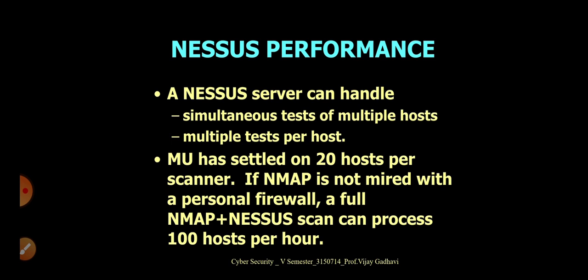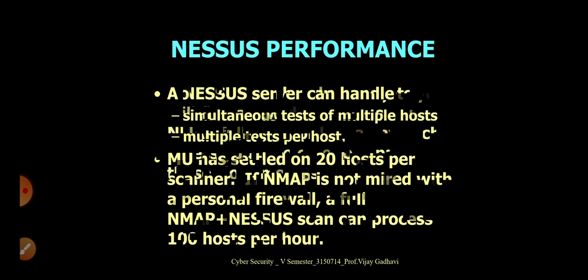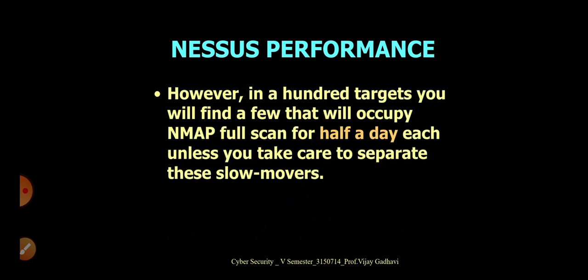If NMAP is not blocked by a personal firewall, a full NMAP plus Nessus scan can process 100 hosts per hour. However, in 100 targets, you will find a few that will occupy the NMAP full scan for half a day each, unless you take care to separate these slow movers.